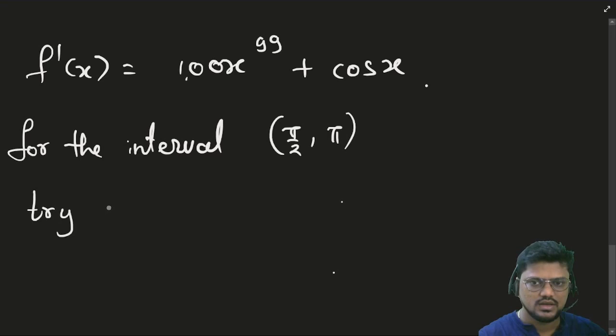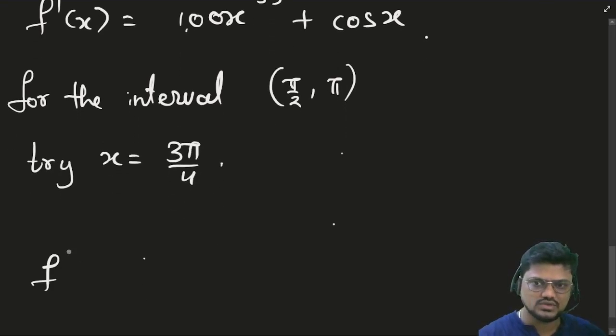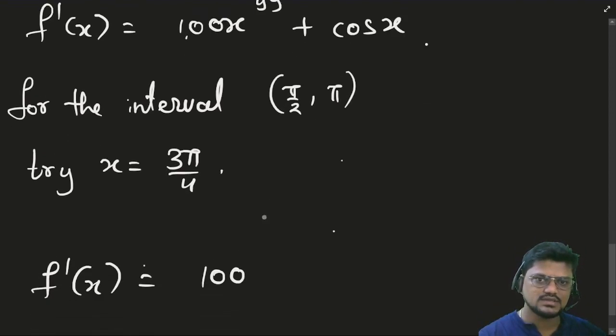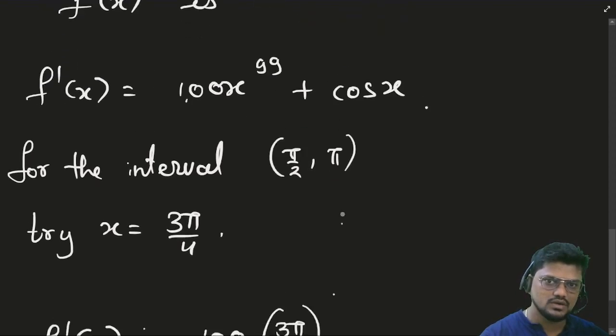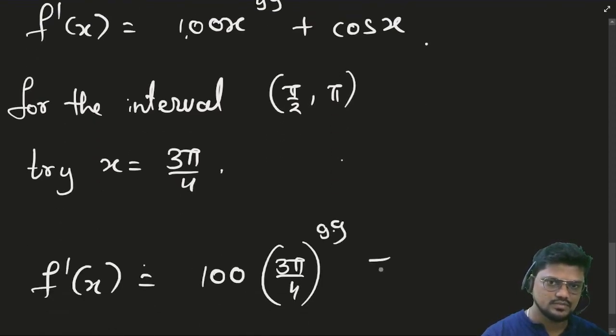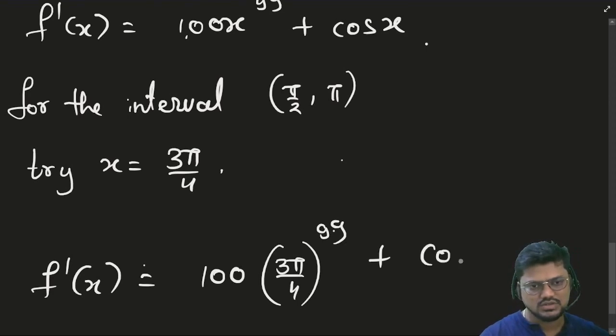Try x equals 3 pi by 4. So f dash of x will be equal to 100 times 3 pi by 4 to the power 99 plus cos 3 pi by 4.